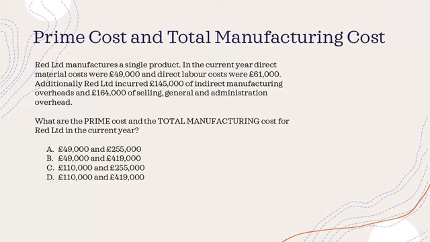It gives us our options, A to D. Now for this question, we would need to know the formula for prime costs, which is equal to raw materials, or mats, plus direct labour.